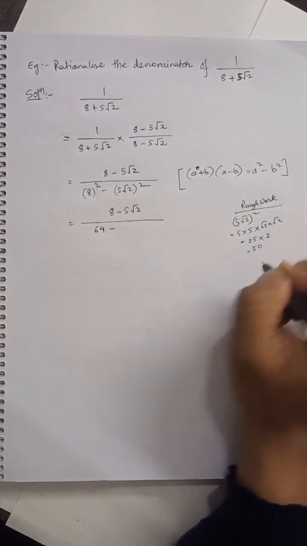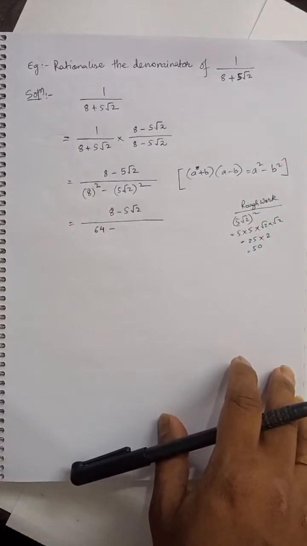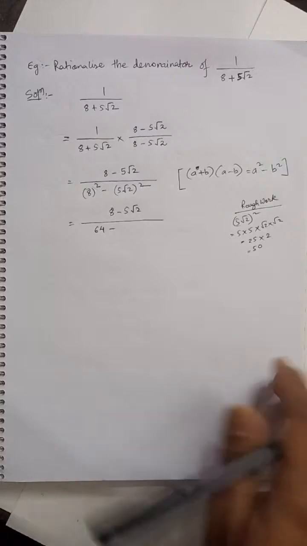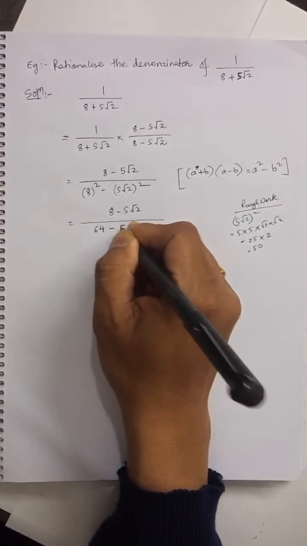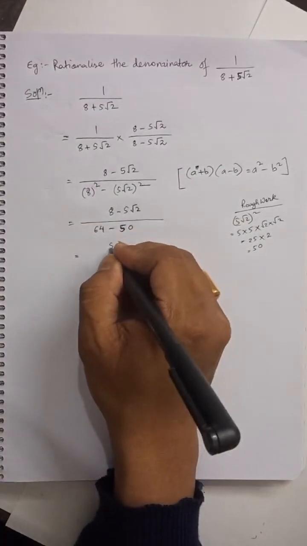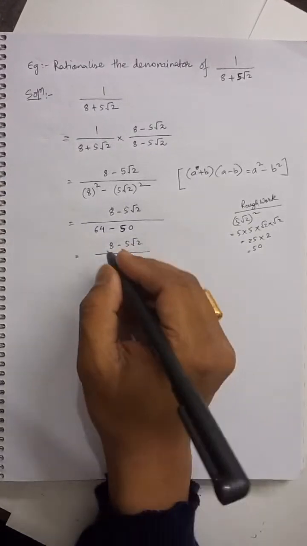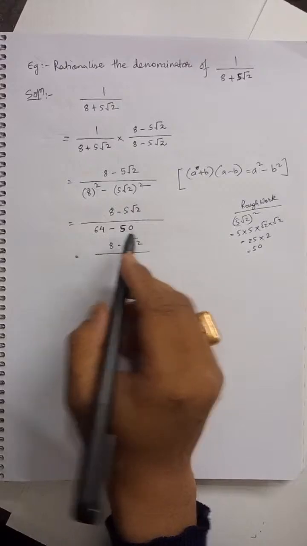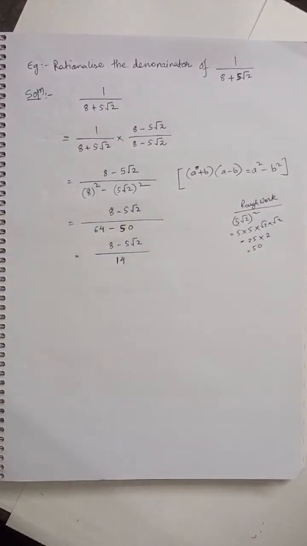So this is 50. So my final answer will be 8 minus 5 root over 2 divided by how much? 64 minus 50 is 14. So 8 minus 5 root over 2 by 14. So this is our answer.